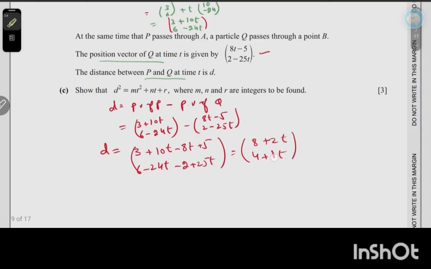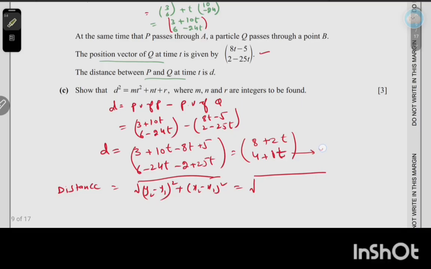Now this is 1t, not 11. Now the distance formula: we know the distance formula, so apply it here, involving y2 minus y1 squared and x2 minus x1 squared. The 4 plus t is our y2 minus y1, and this one is x2 minus x1.